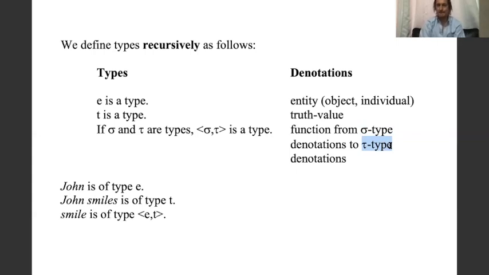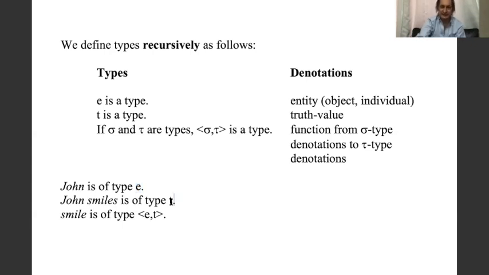So let's take a look at our simple examples. Simples are good for illustration. The name John denotes an individual, that's an entity. John is of type E. The sentence John smiles is either true or false. It has a truth value.